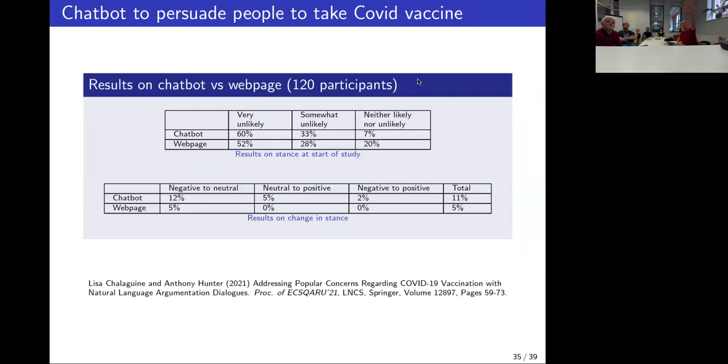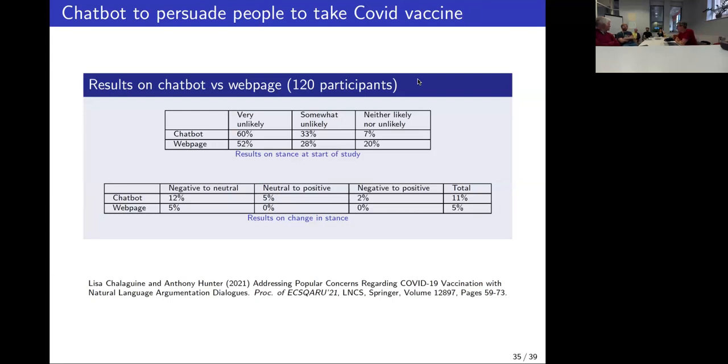So this is what we had at the start: 60% were very unlikely with the chatbot and 52% very unlikely with the web page. The second table gives what we had at the end. 11% were moving in the positive direction using the chatbot, whereas only 5% did with the same information given in a web page.